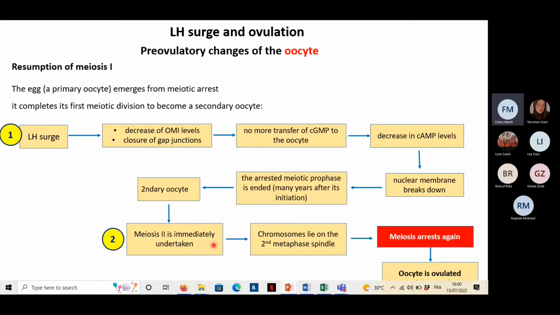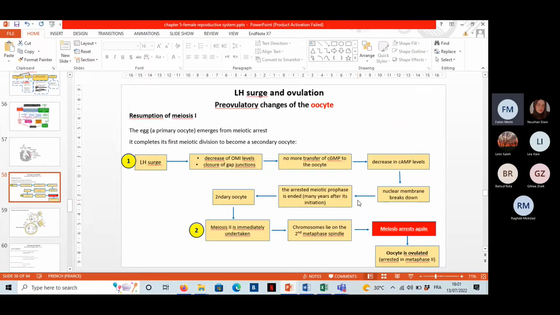And during meiosis 2, the chromosomes will lie on the second metaphase spindle. However, this meiosis will be arrested in the metaphase stage, and the oocyte will be ovulated while it is arrested in the metaphase 2. Okay.